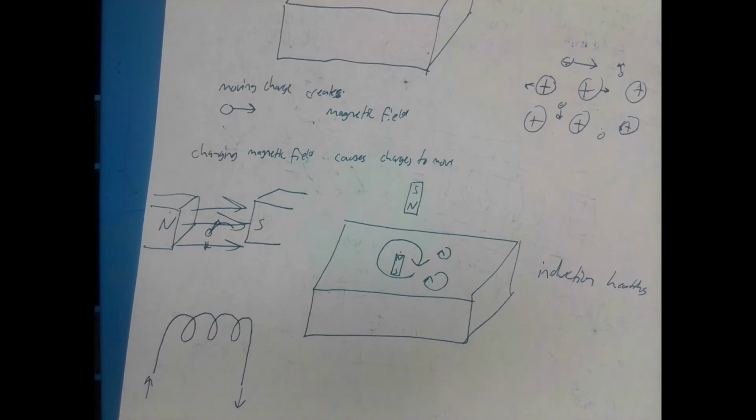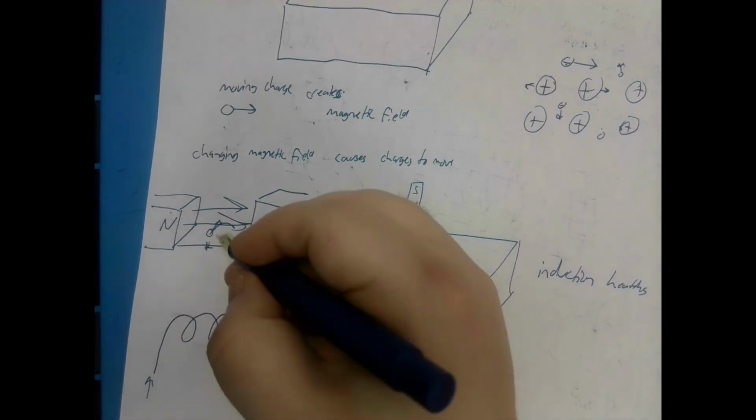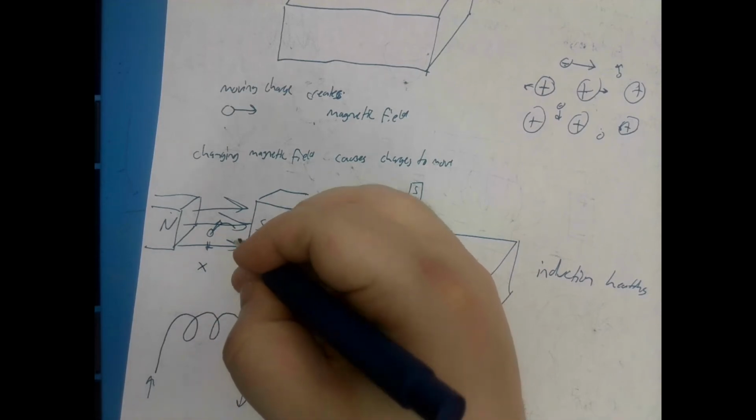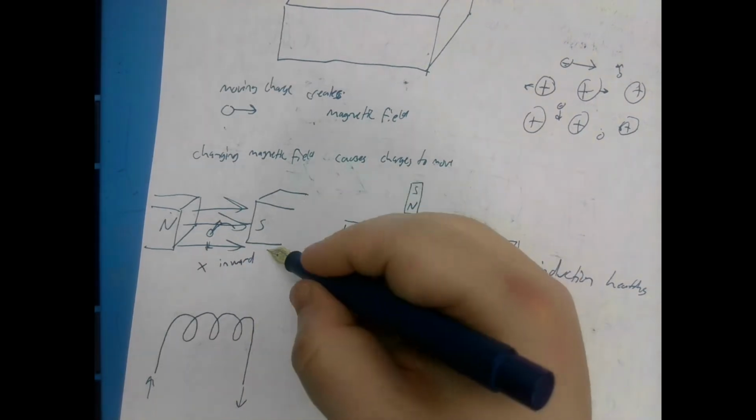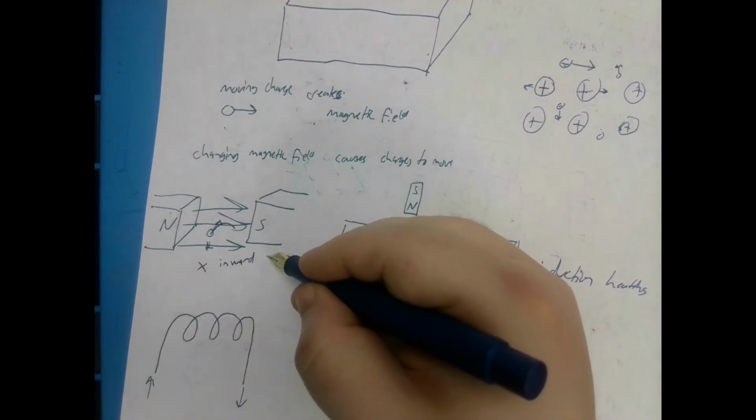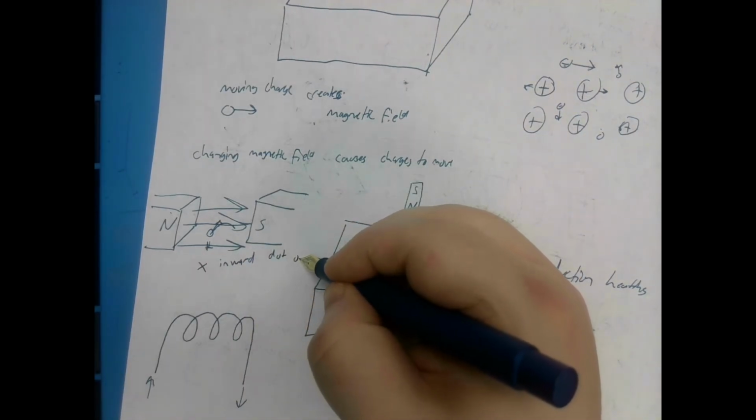Dot versus cross, into or out. I believe so cross means inward, and a dot means outward.